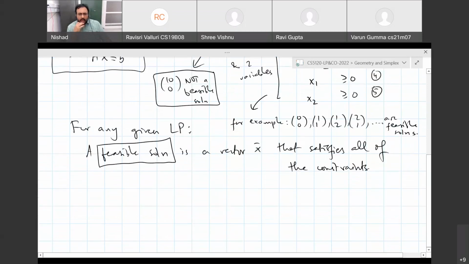All right. What I want to focus on is to look at all the feasible solutions and try to understand what this looks like in a geometric sense. That is going to be called the feasible region of any LP.